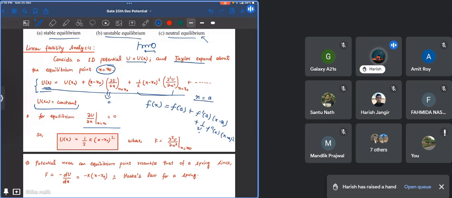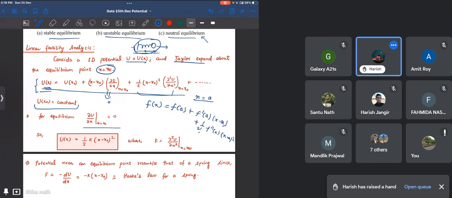That condition is also valid here, but it requires a complete lecture. We will cover it in the next class because certain questions appear in the GATE exam on this topic alone.